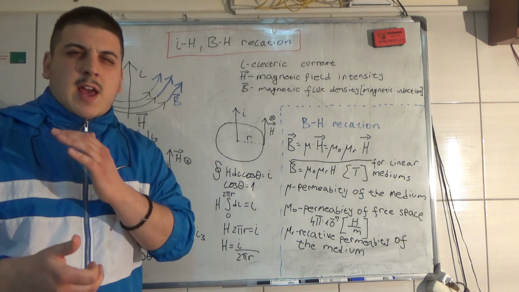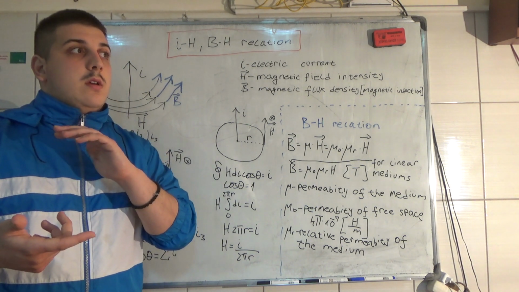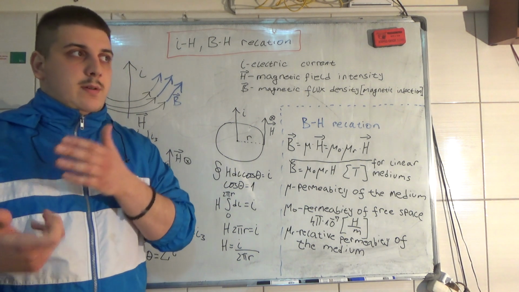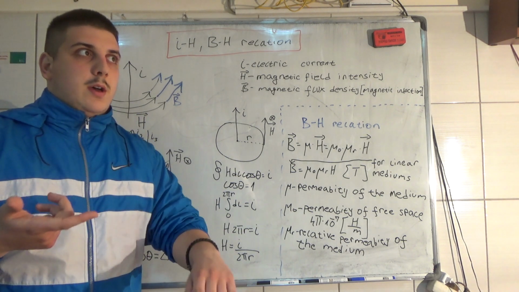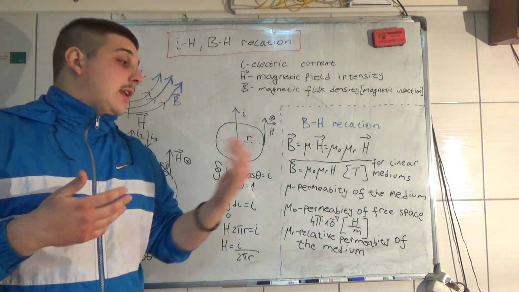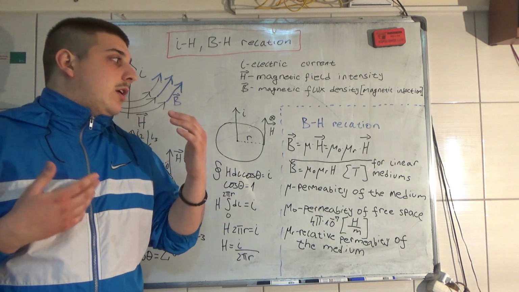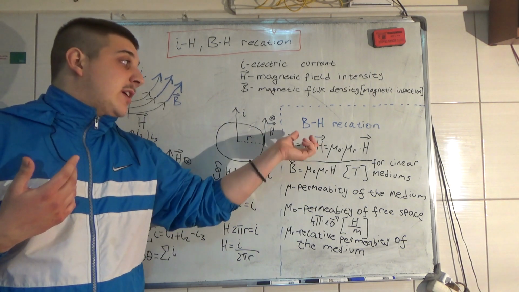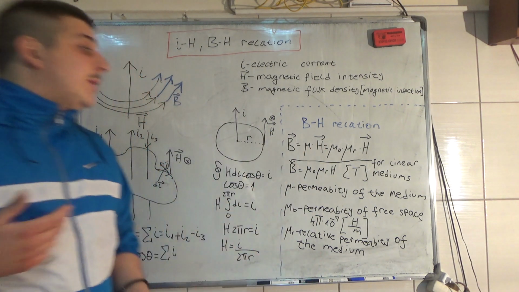For example, an air gap is a linear medium. Air is a linear medium, and ferromagnetic materials, which are the most common in electrical machines, are also linear. So we don't have to worry about the directions between this and this, because they're always in the same direction.